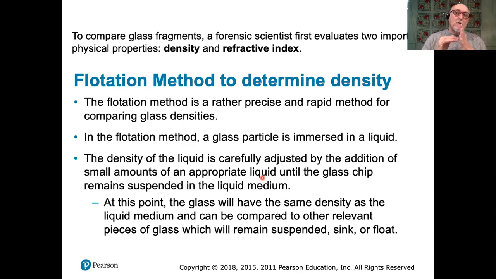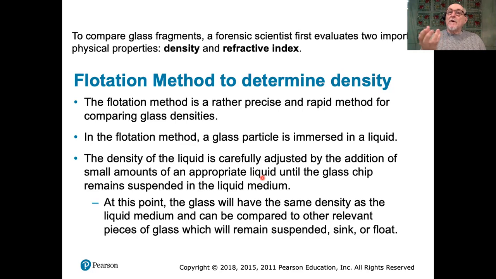At the point where it starts to float, the density of the liquid and the density of the glass are exactly the same. And we can determine the density of the liquid because we know its properties. We know that at such and such a point, with so much solvent and so much liquid, the density per milliliter is X. That's easily determined experimentally.